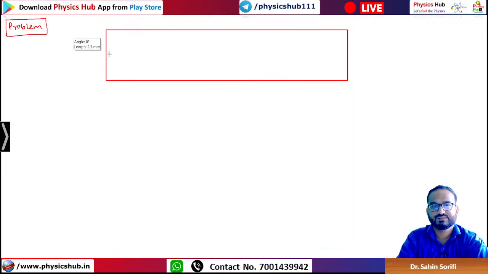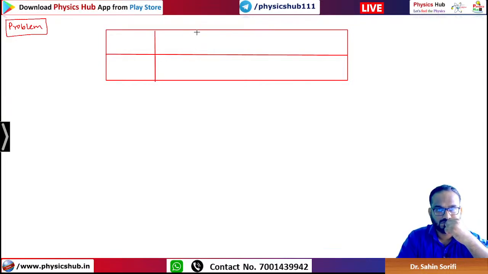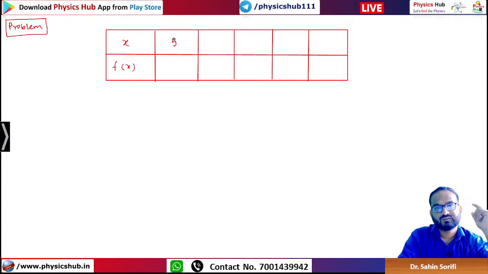Let's write this problem. You are provided a table like this, and the values of x and f(x) are given: 5, 7, 11, 13, 17, and as you can see the values are not equispaced. 5, then 7, it should have been 9, but it is given 11, then 13, then 17.